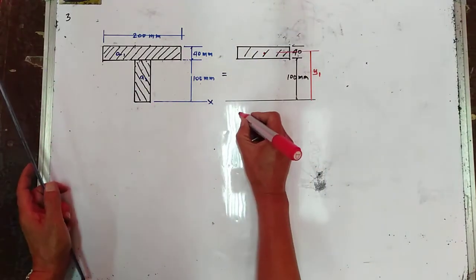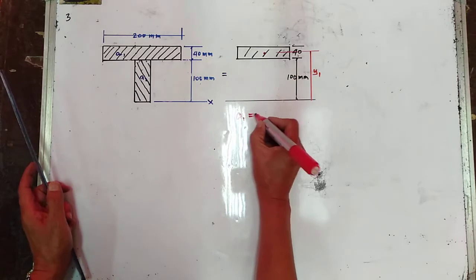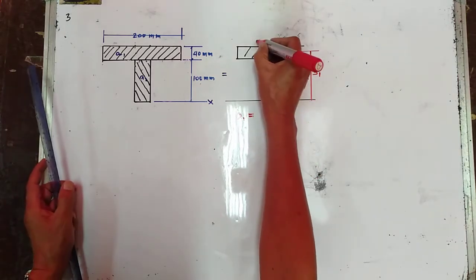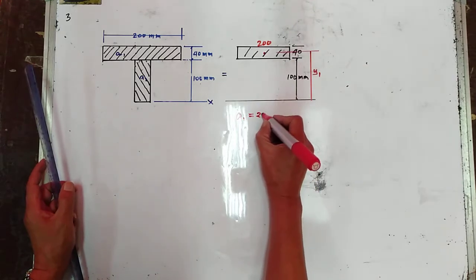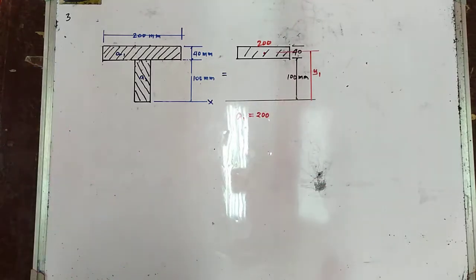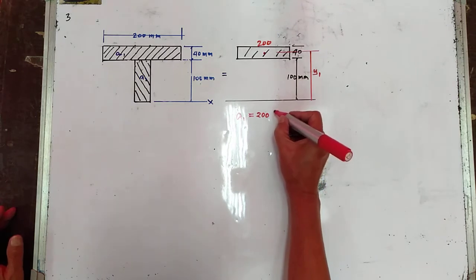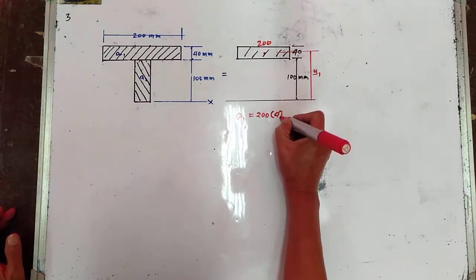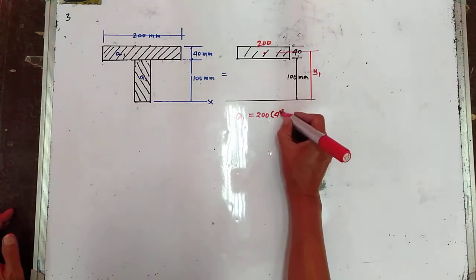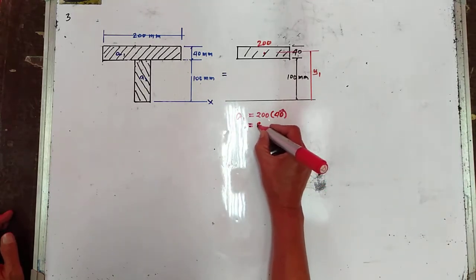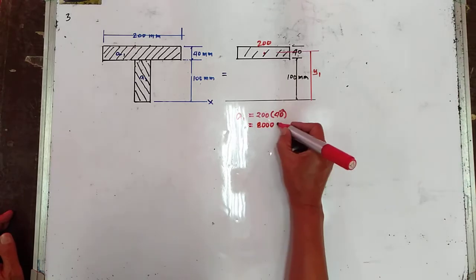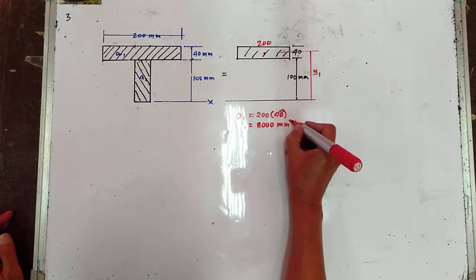So that your area 1 is now equal to, this one is 200 millimeter. So we have 200 multiplied by 40. So that is now your area 1. And this is therefore equal to 8,000 square millimeter.